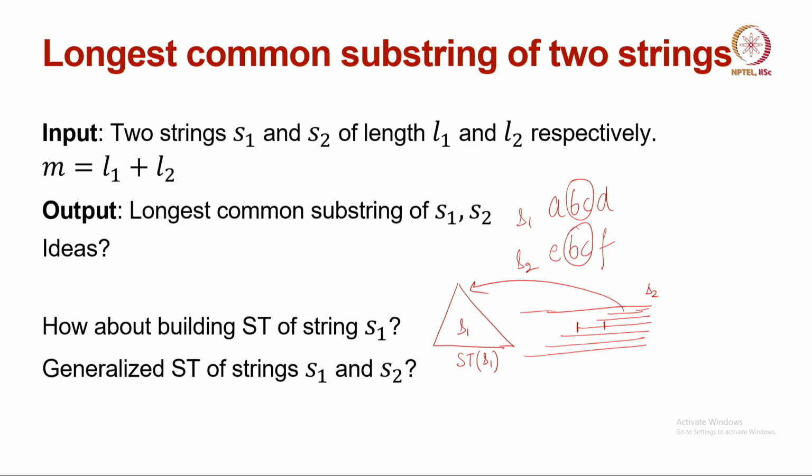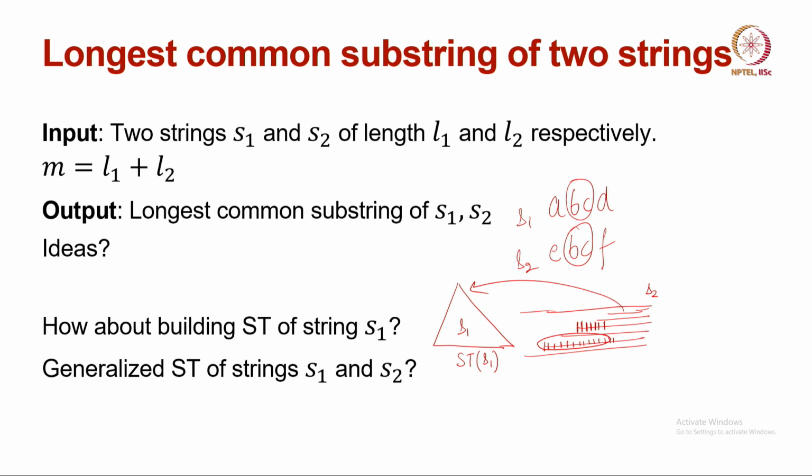If I look for all the suffixes and count the number of character matches, then at the end of the algorithm I can report the longest common substring, because that will be the maximum number of matches. So, for example, if here I am able to match 10 characters and here I am able to match 20 characters, then I easily know that this is the longest common substring of S2 and S1.